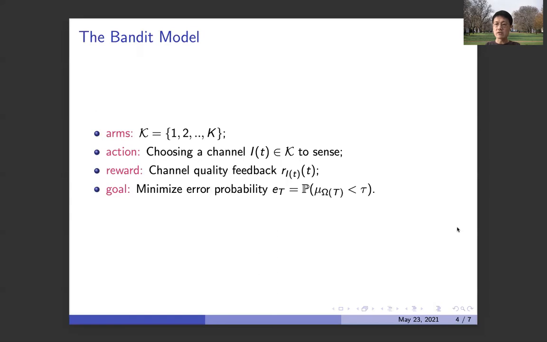This is a random variable drawn from the distribution of that particular channel, based on the hidden mean value mu of I of t, and this is obviously unknown. The goal is to minimize the error probability, E_T, which is outputting a channel whose actual mean value is not above tau, the threshold we were given for the algorithm.